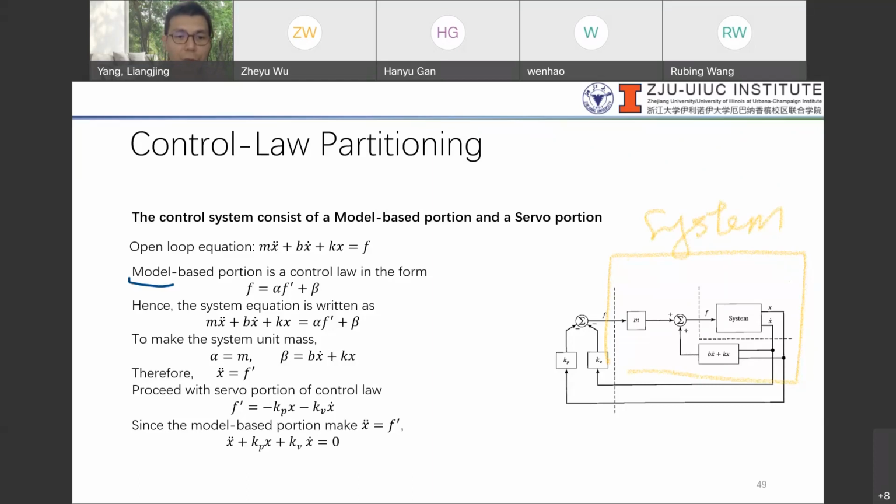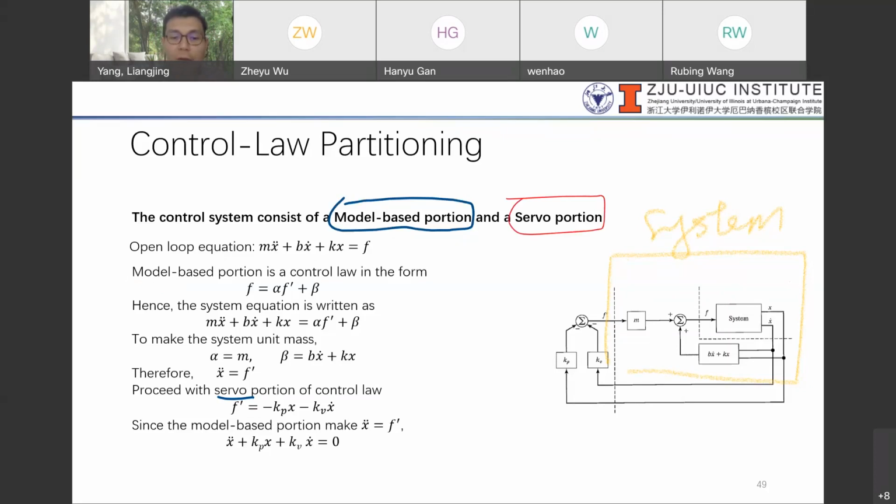So we separate the model portion and the servo portion. The model portion is when we see that f equals alpha f prime plus beta.